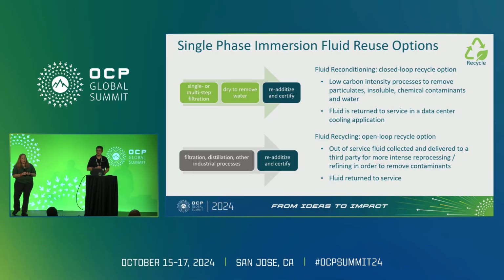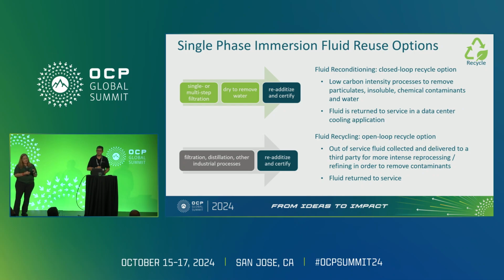The second option for reuse of single-phase hydrocarbons would be a recycling option. This would be an open-loop recycling option, so you would essentially send your fluid to a re-refiner, and then less intensive refining processes would be used to return those molecules back into their virgin state, and then it would probably be reintroduced into some general lubricants application.